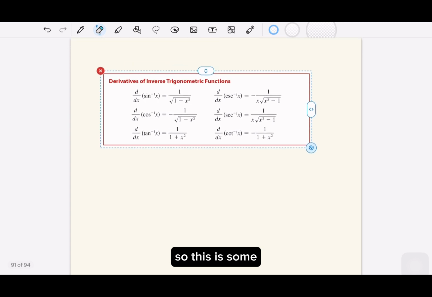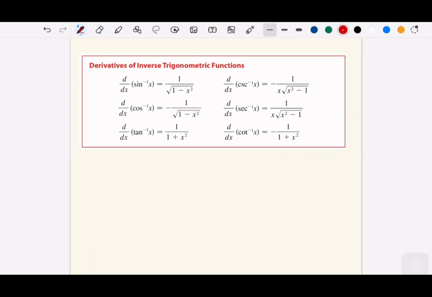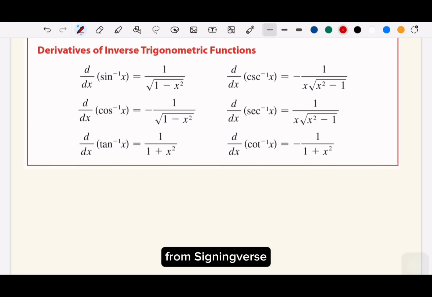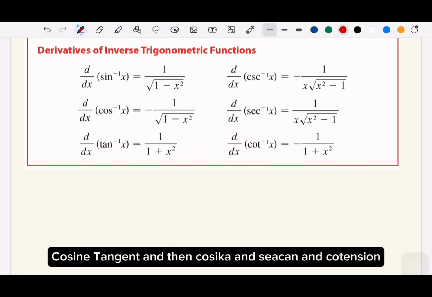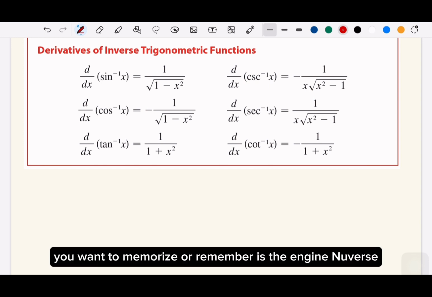So these are some inverse trigonometric functions that you can derive from sine inverse, cosine, tangent, and then cosecant, secant, and cotangent. I think the easy one to memorize or remember is the tangent inverse.